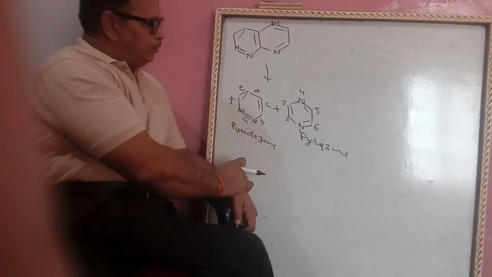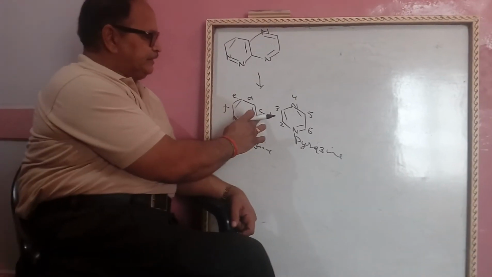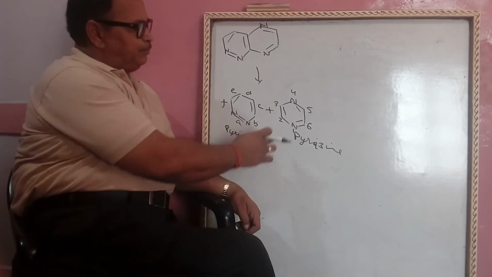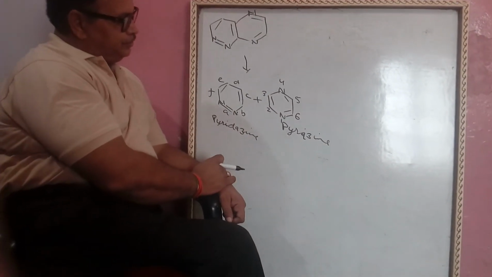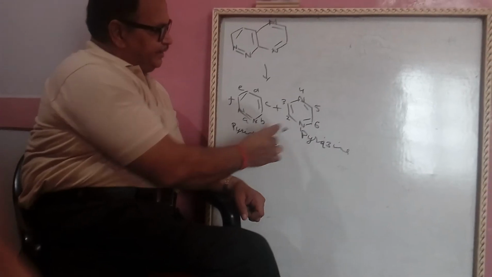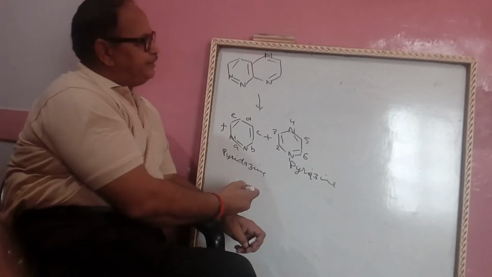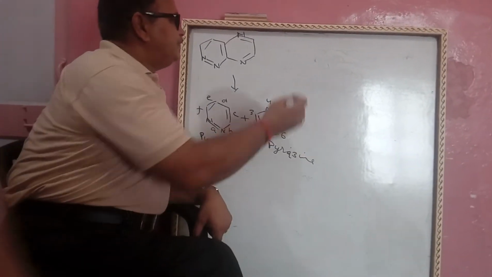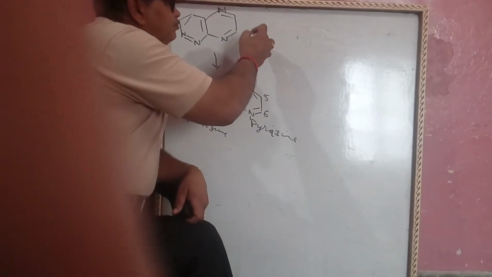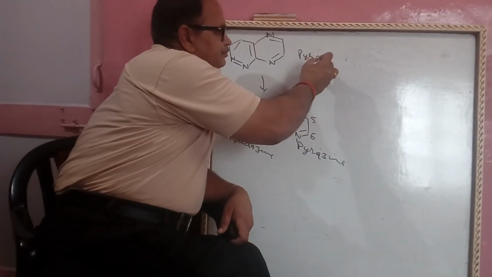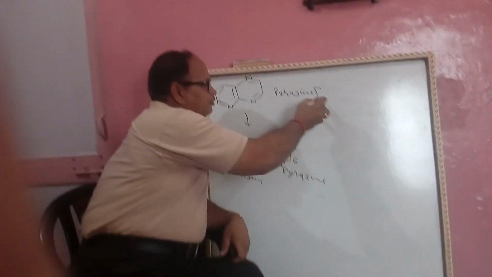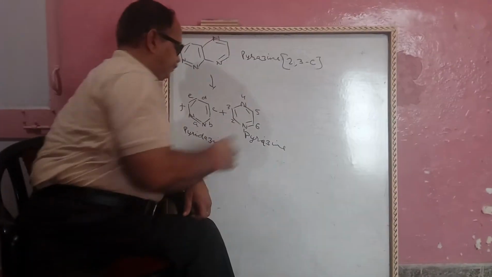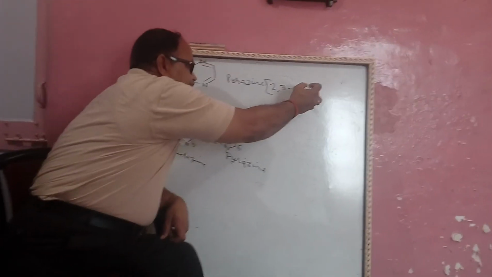So the common bond of the base component is c, while the common bond for the attached component is 2,3. This pyrazine can be written as the prefix. So the name of this fused heterocycle will be pyrazino[2,3-c]pyridazine.